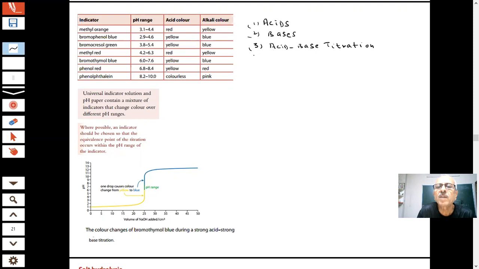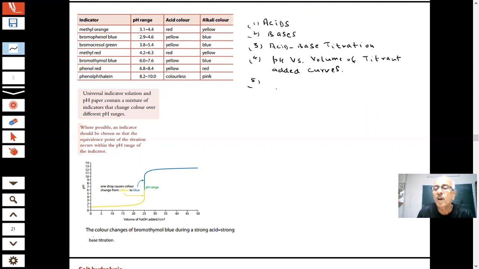And you have been able to draw what we call pH versus volume of titrant added curves. ठीक है? We have learnt how to draw it.